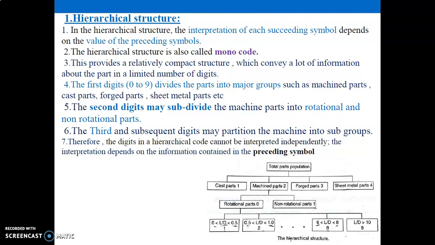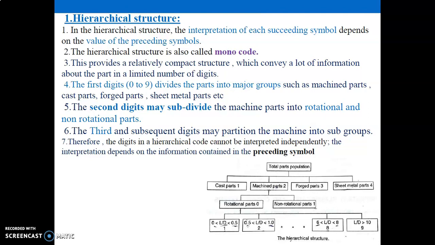If it is rotational, then you have to send that part to the lathe machine. The third and subsequent digits may partition the machine parts into subgroups. Therefore, the digits in a hierarchical code cannot be interpreted independently. The interpretation depends on the information contained in the preceding symbol.